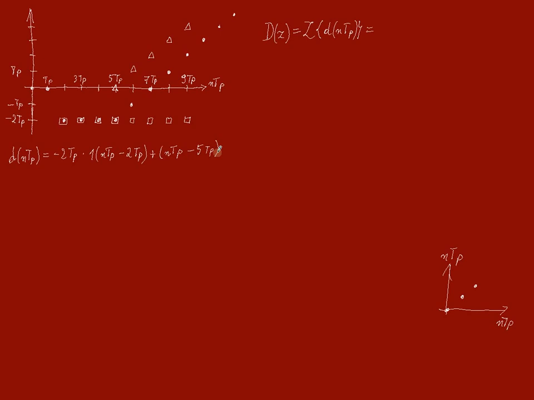And we need to multiply this entire function by a unit step. Why did we multiply by this? Because this component is, in a sense, a discrete time ray, and it starts after 5tp. And we see that for step n smaller than 5, the argument will be negative. Therefore, this will reset the written formula to 0 for n smaller than 5.